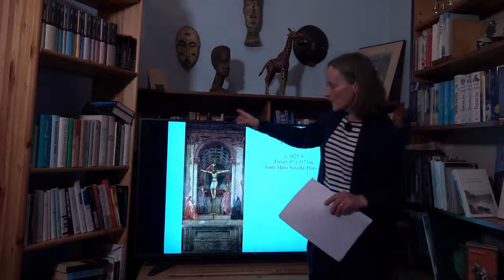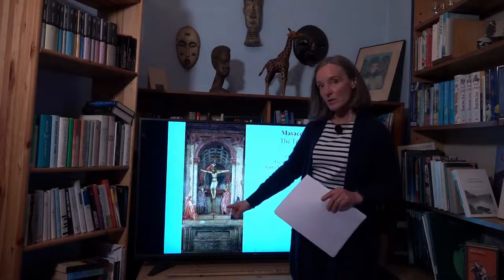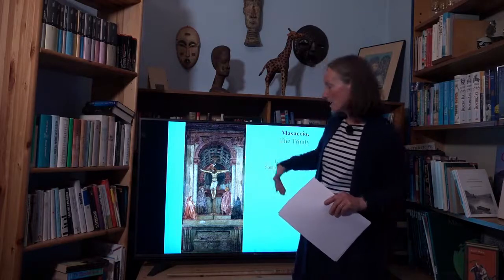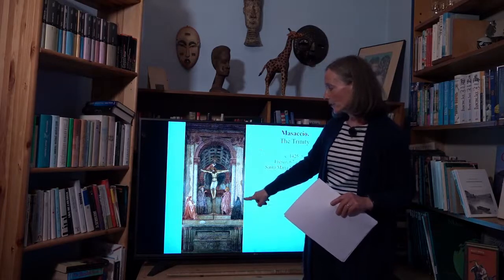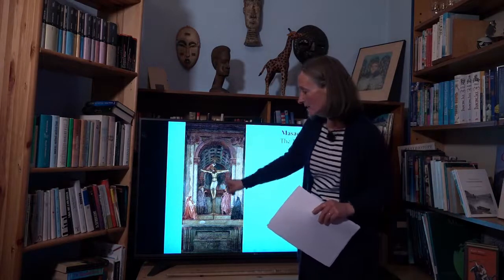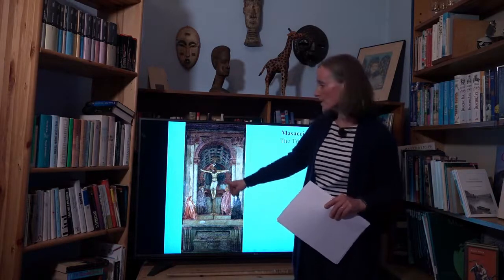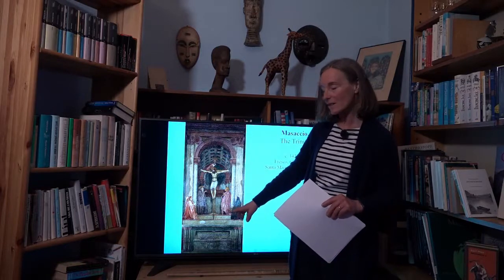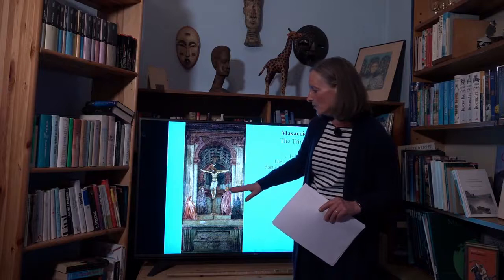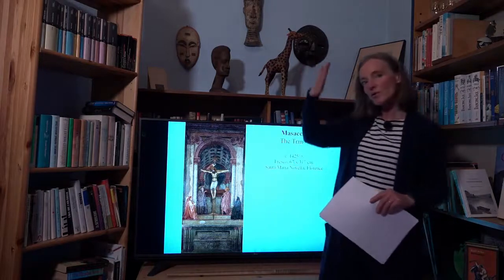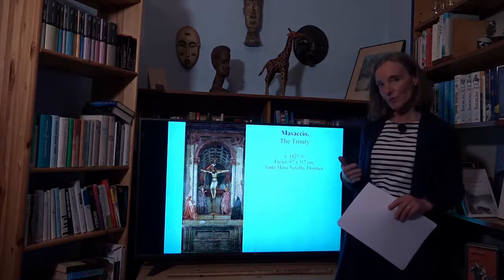So we said we have a central vertical axis, and there are parallel vertical lines through the pilasters, through the columns on either side, and through the central bar of the cross, together with the arrangement of God the Father, the Son, and the Holy Ghost. To a certain extent, the two figures on either side also enhance the verticality of the composition.